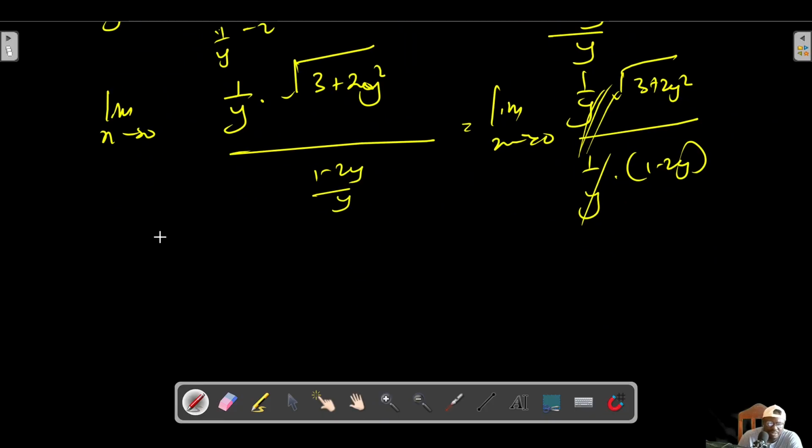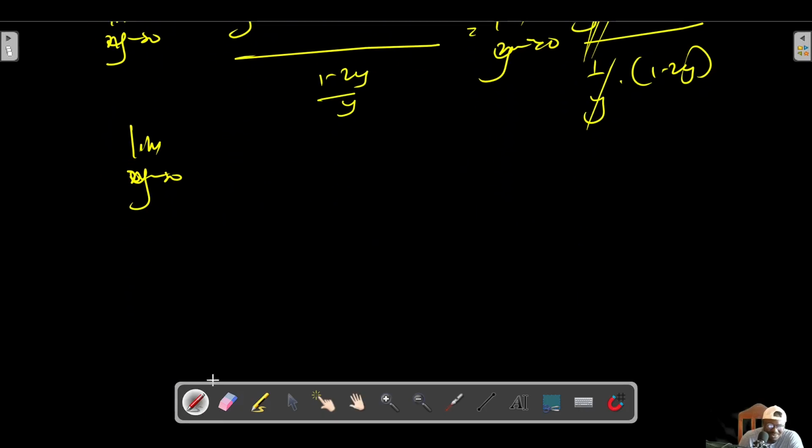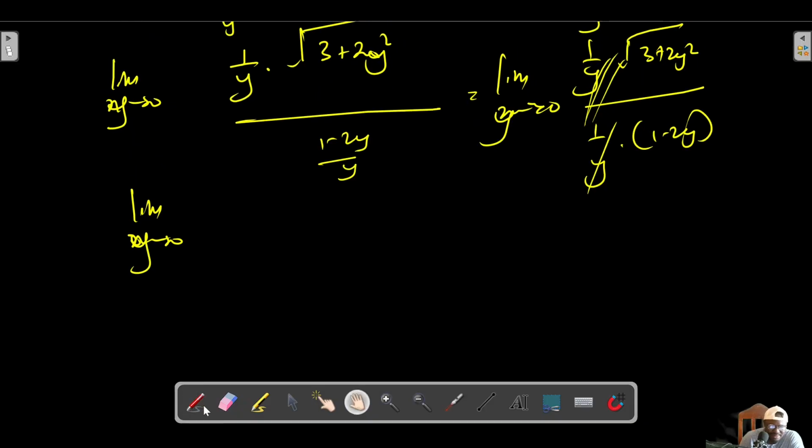We end up with the limit as y is approaching 0, sorry, not x, y. It's approaching 0. I've been using x all this while. So as y is approaching 0 of the expression square root of 3 plus 2y squared divided by 1 minus 2y.